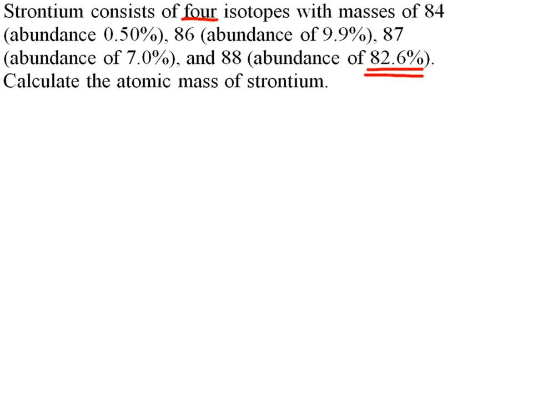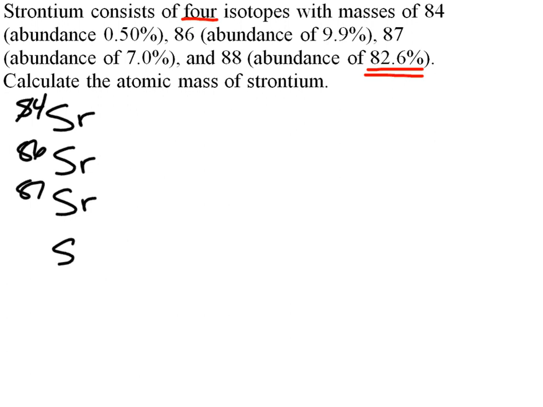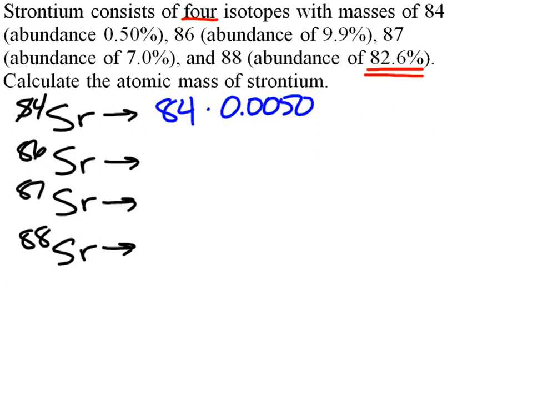Let's write out what we have. We have 4 different isotopes now: strontium-84, strontium-86, strontium-87, and strontium-88. Doing the 4 problems, I take 84 and multiply it by its percentage as a decimal, 0.0050. Then 86, that isotope mass, times its abundance, 0.099.